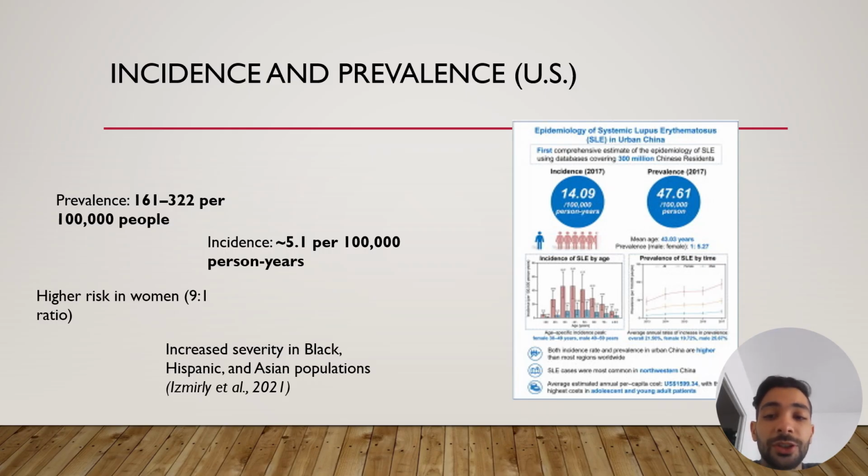Women are disproportionately affected, with a ratio of about 9 to 1 compared to men. Additionally, higher prevalence and disease severity are seen among Black, Hispanic, and Asian populations. These disparities highlight the importance of early recognition and culturally competent care.